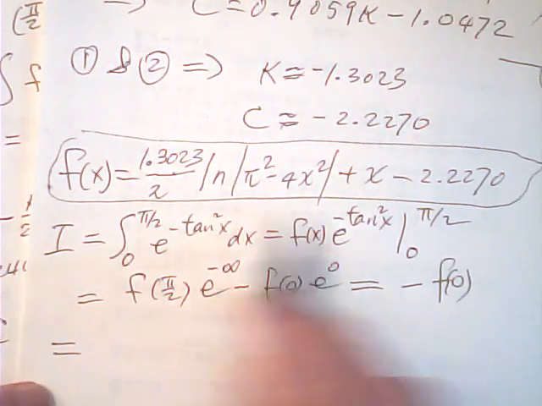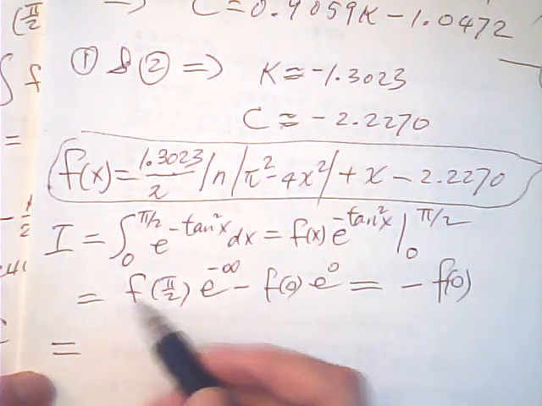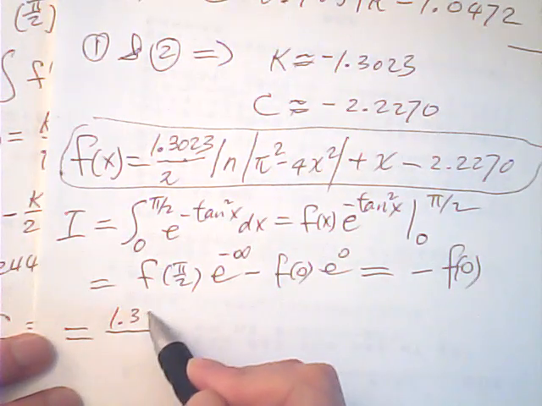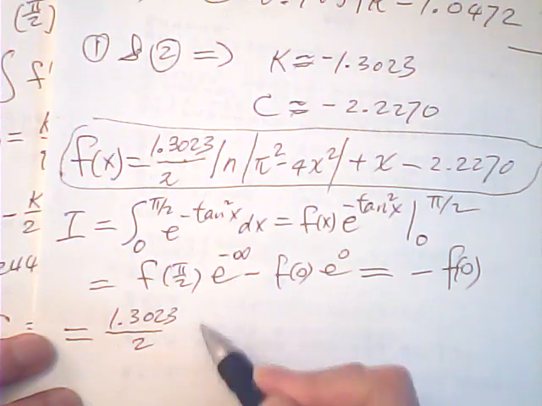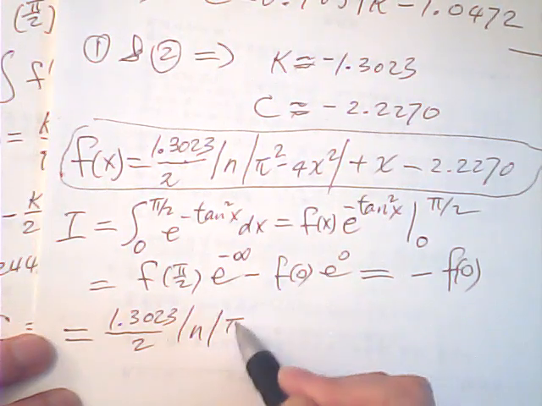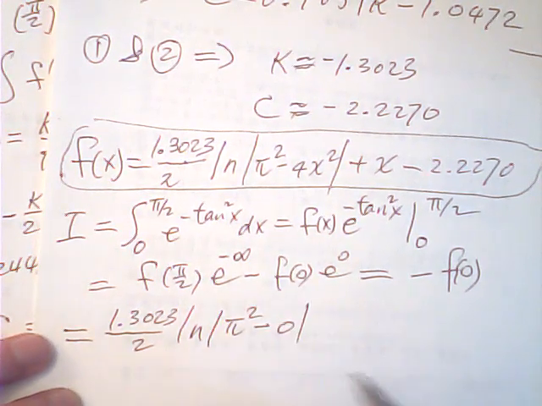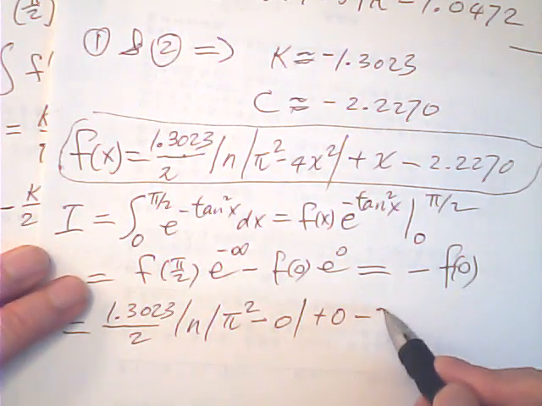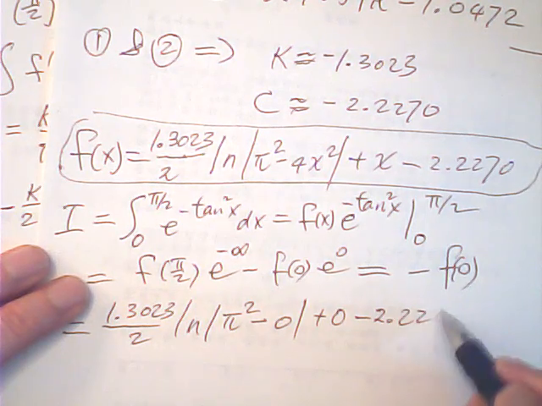So this is my final answer for my integral. We just let x be 0. So this one is equal to 1.3023 over 2 log of pi square minus 0 plus 0 minus 2.2270.